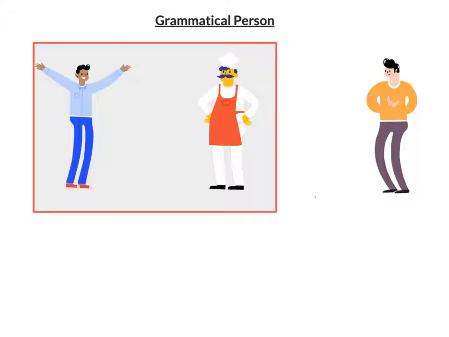Now imagine that this blue guy is talking about some action that he wants to do. So for example, let's say the action is eat. Okay? And he wants to describe the action being done by himself. Okay, how is he going to do that? He's going to say, I eat, or he may say, I am eating.